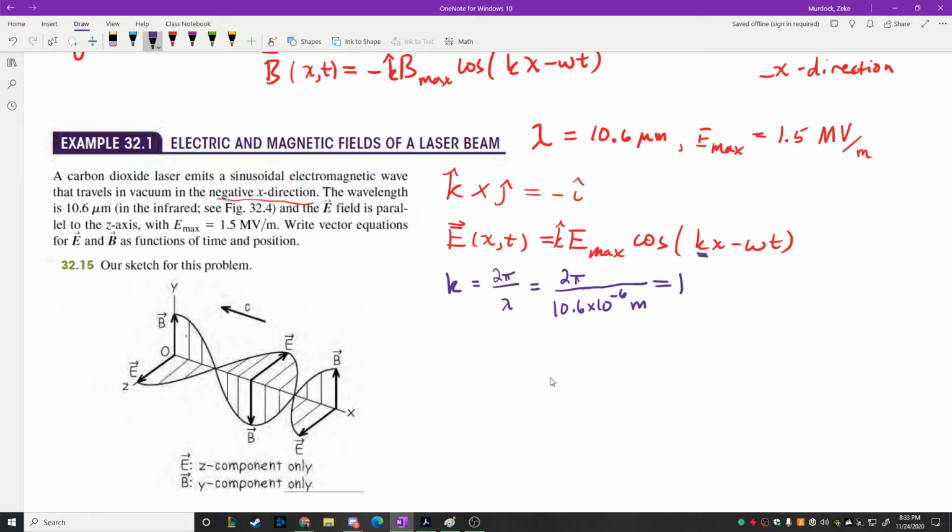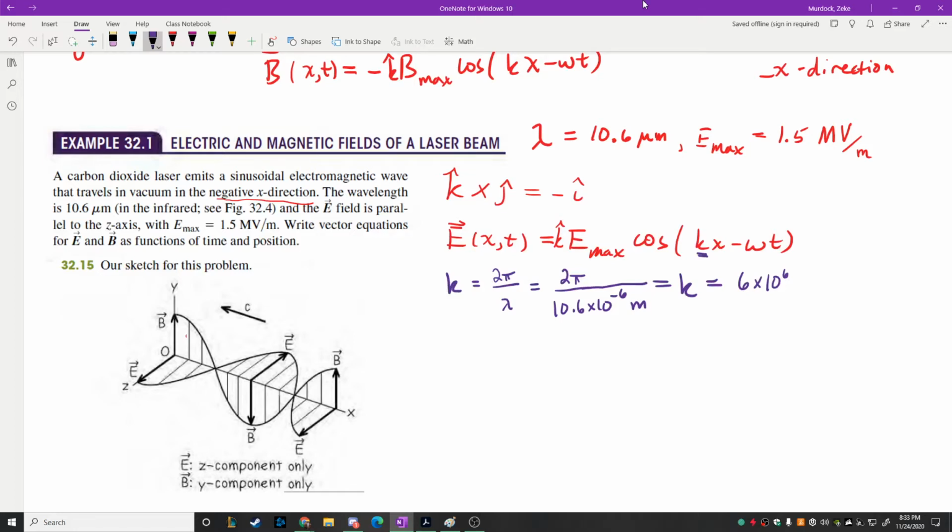What's k equal to? 6 million. Anyone else get the same thing? Yeah, okay. So it's 6 times 10 to the 6th.